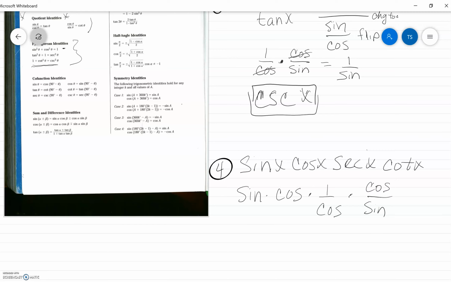All right, so anything on top, now these are all over 1, so keep that in mind. So anything on top exactly the same as the bottom will cancel at a 1-to-1 ratio, so those cosines will cancel. And this sine's on the bottom and that sine's on the top. That cancels. What are we left with? We are left with cosine x. Okay, good luck. This is important to know how to do.